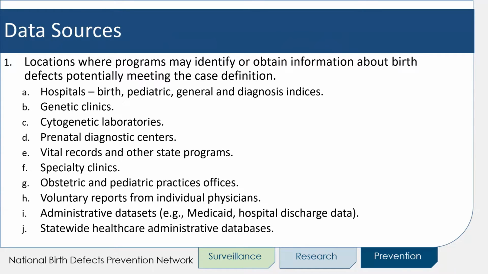Now that we've completed case identification, we are ready to discuss data sources. Data sources are locations where programs may identify or obtain information about birth defects potentially meeting the case definition.